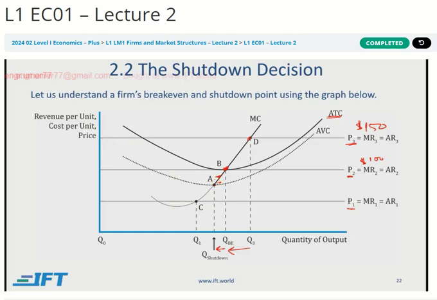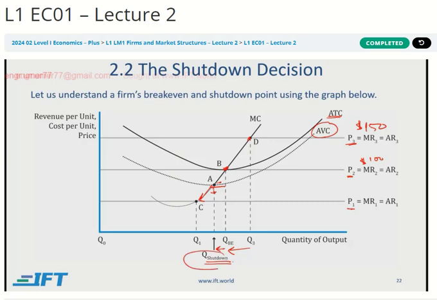Now look at this point, even below this, and that is where the shutdown comes, that if your price falls below your average variable cost, this means that you're not even covering your variable cost, and it does not make any sense to sell even one unit because it's not even going to cover its raw material or its variable cost.